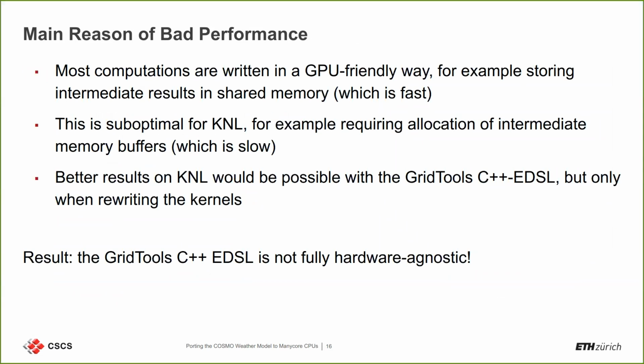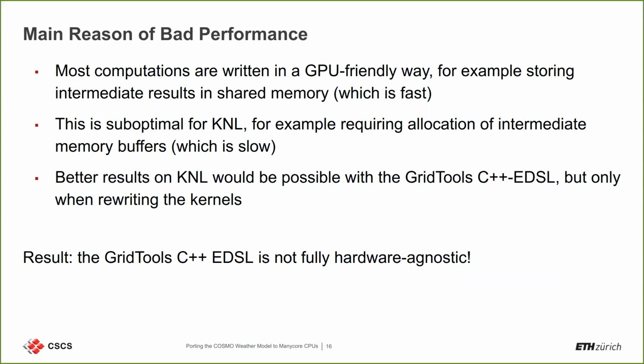The main reason was that most computations are written in a GPU-friendly way. For example, they store results in shared memory, which is quite fast, especially on those GPUs. On more modern ones, we might use a different optimization actually. But for the GridTools backend of the KNL, this meant that we also had to use memory buffers for intermediate results, which we have seen previously is a bad idea in many cases.